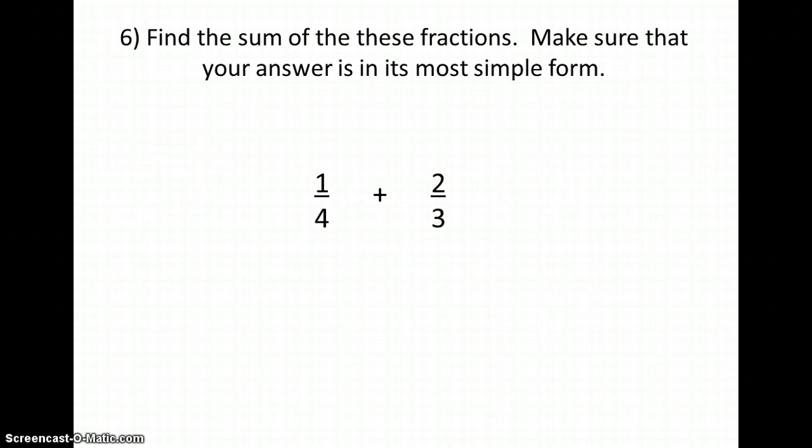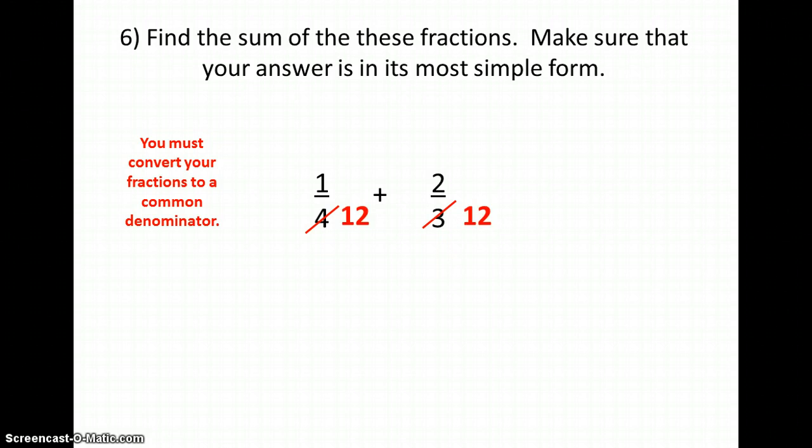If I wanted to add 1/4 plus 2/3, I need to find a common denominator. So I'm looking for a multiple of 4 and 3 that is common. In this case, 4 and 3 can both go into 12. Now I need to convert my numerators so that I have equivalent fractions. 4 times 3 is 12. 1 times 3 is 3. 3 times 4 is 12. 2 times 4 is 8.